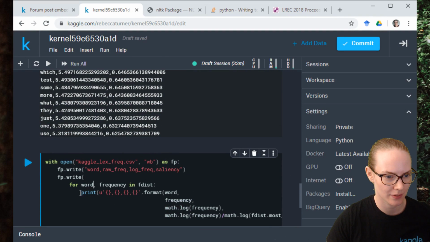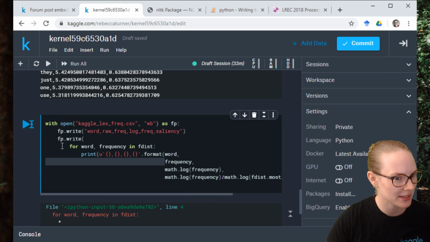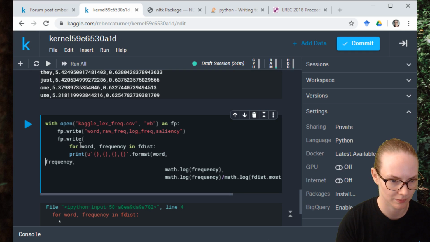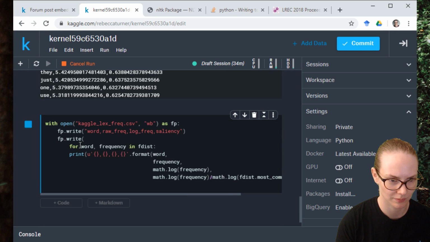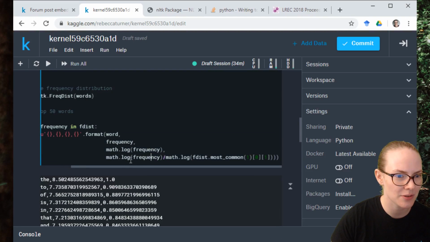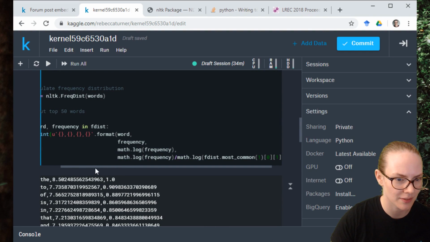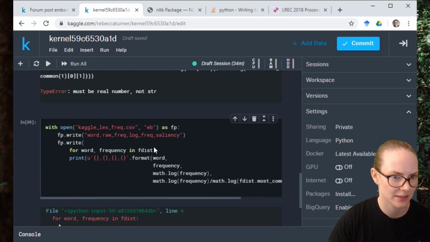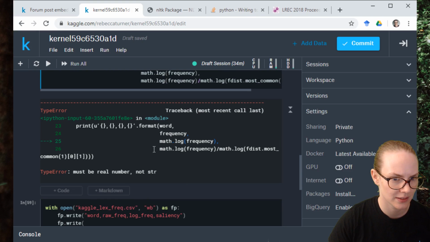Is it a white space error? Is that the problem? Nope. That's definitely the syntax we were using up here, though, right? Wasn't it? Must be a real number, non-string.